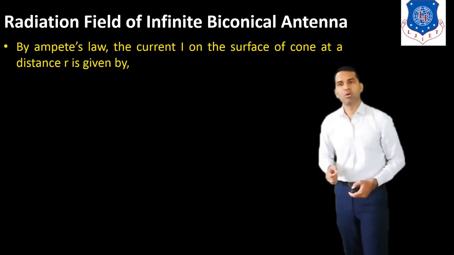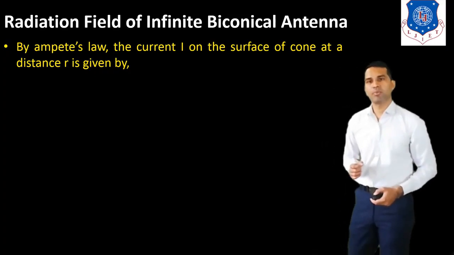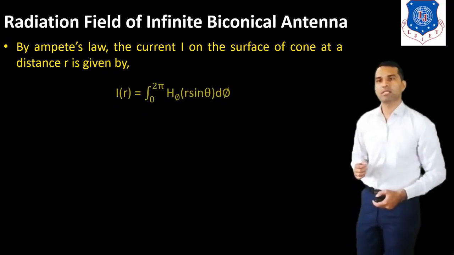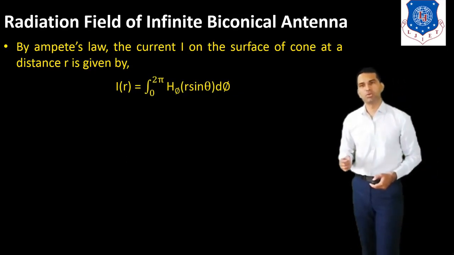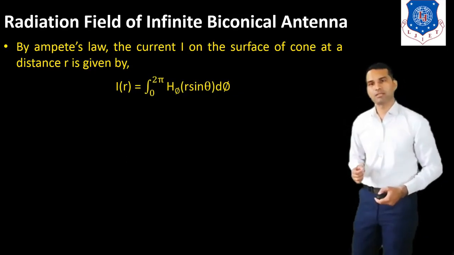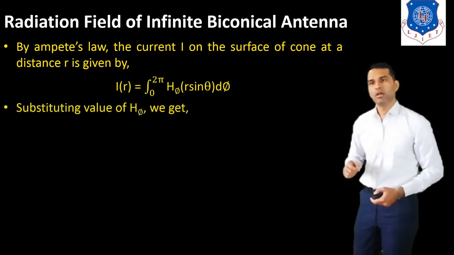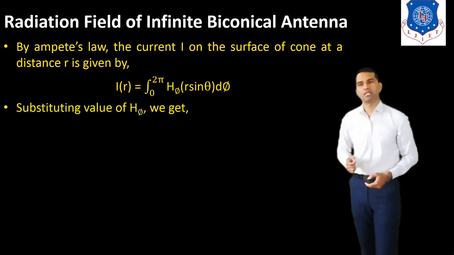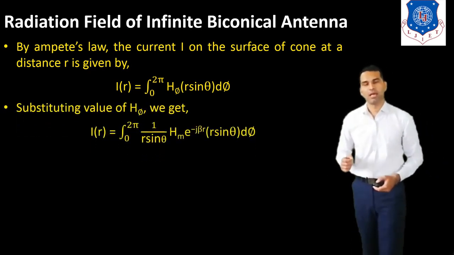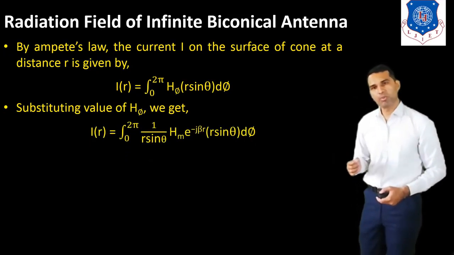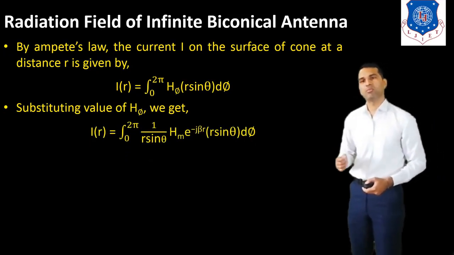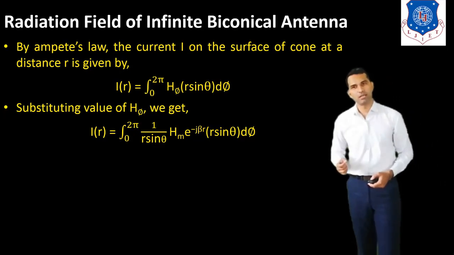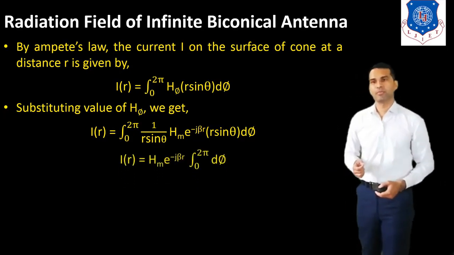By Ampere's law, the current I on the surface of the cone at the distance r is given by I(r) equals the integration from 0 to 2 pi of H phi r sin theta d phi. Now we substitute the value of H phi. So we get I(r) equals the integration from 0 to 2 pi of 1 upon r sin theta Hm e raised to minus j beta r times r sin theta d phi.